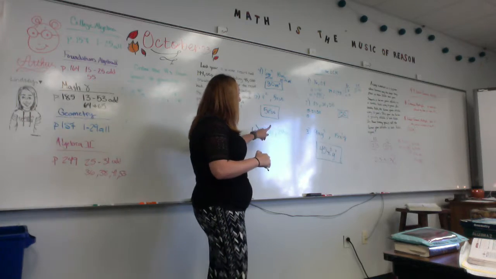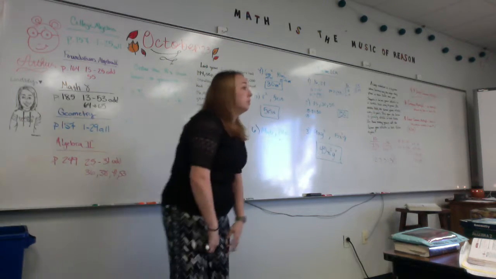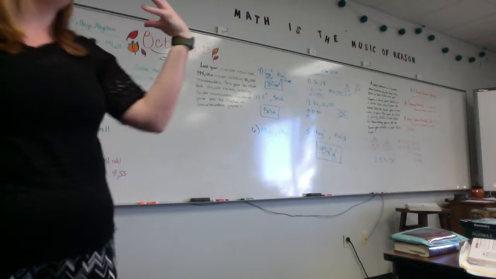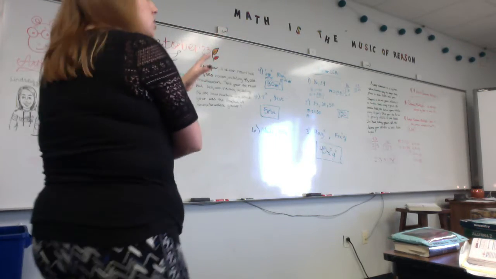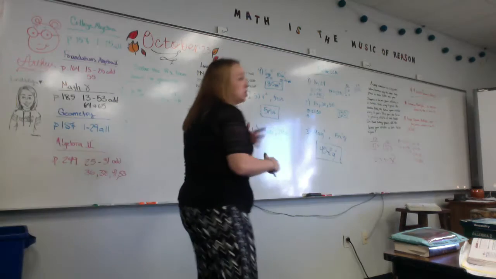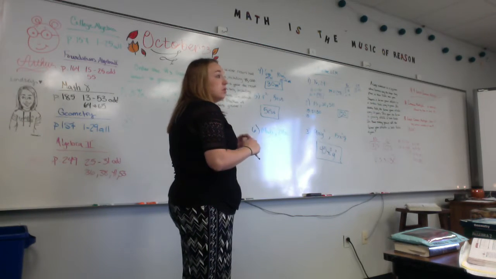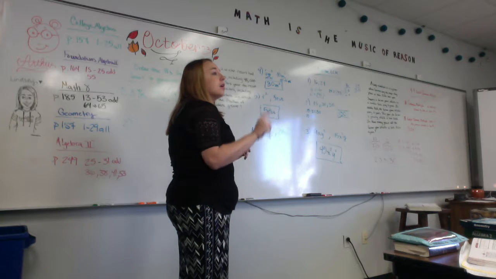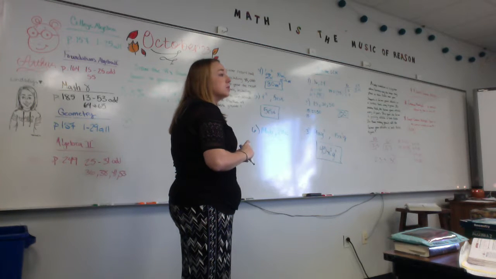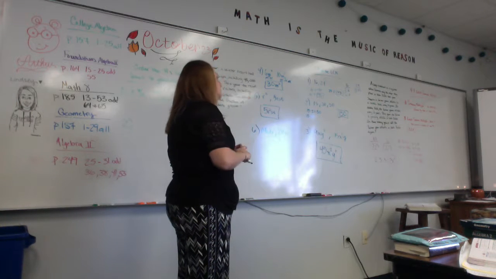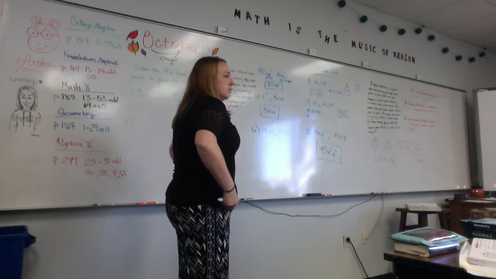What is the least common multiple between 14 and 21? If you take 21 and multiply by 2, what do you get? 42. Can you take 14 and multiply by something to get to 42? 3. So if you do 27 plus 27, that gets you 54, and 54 divided by 2 is 27.